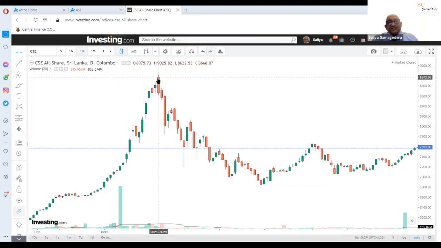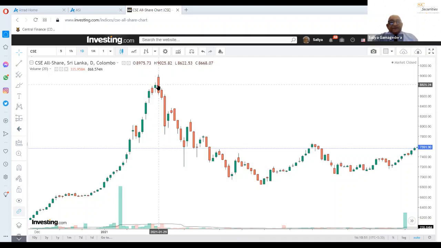Now, the red section of this candle is called the body of the candle. Then you can see two little lines on the top and the bottom of the candle. They are called the wicks, and the edge of the upper wick is the high value for the day, and the edge of the lower wick is the low value for the day.